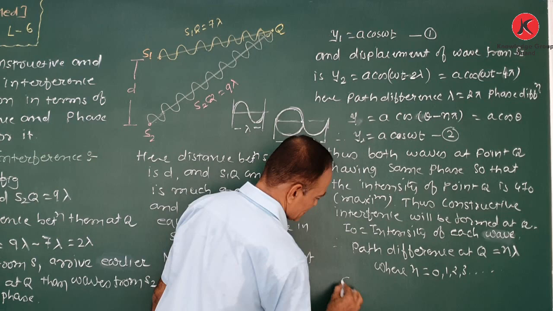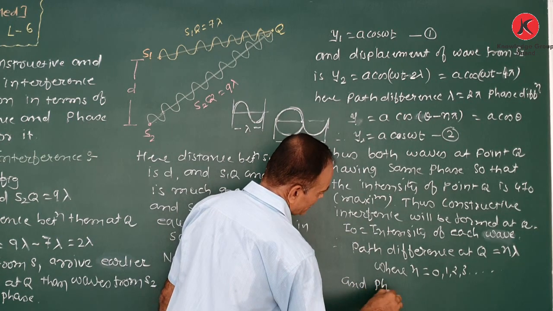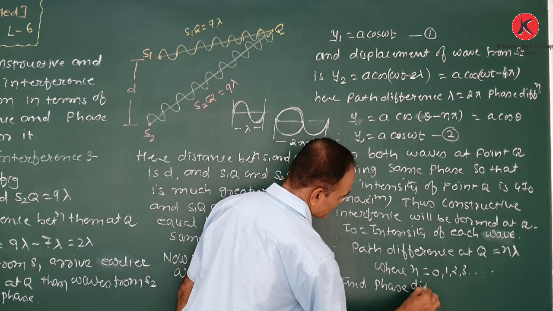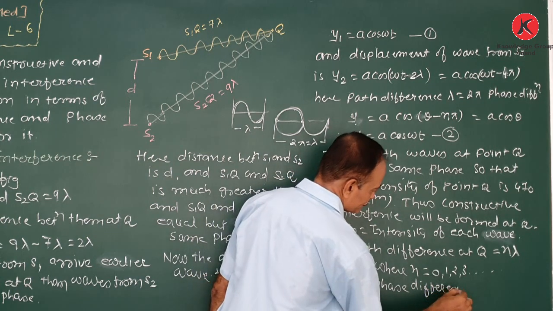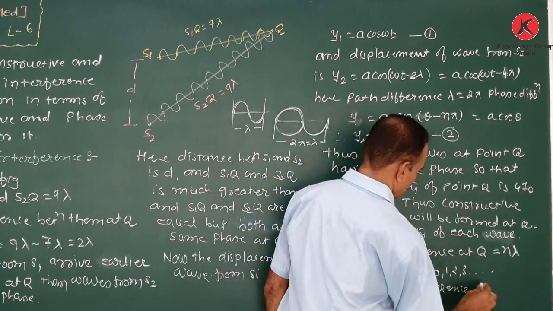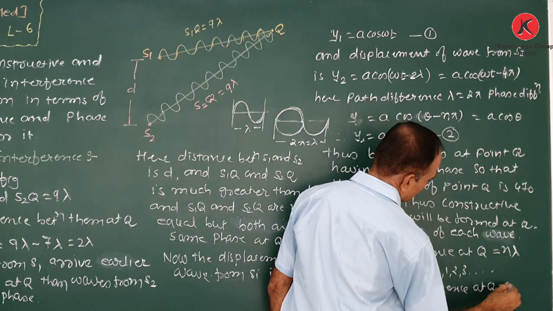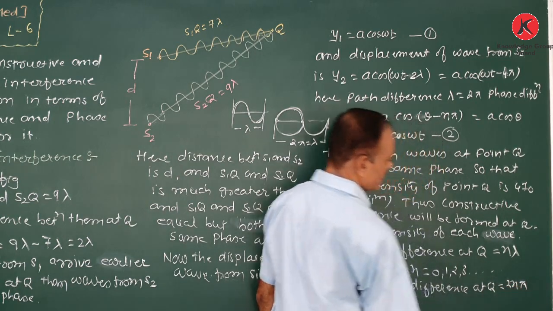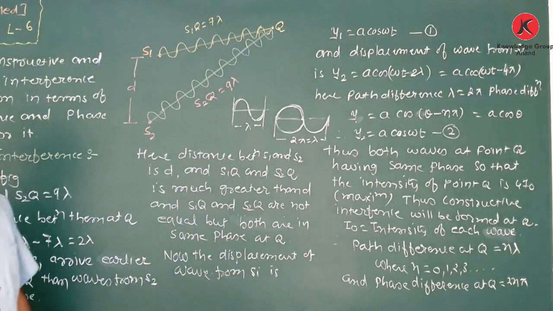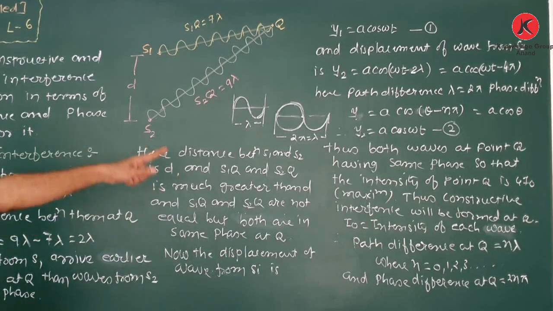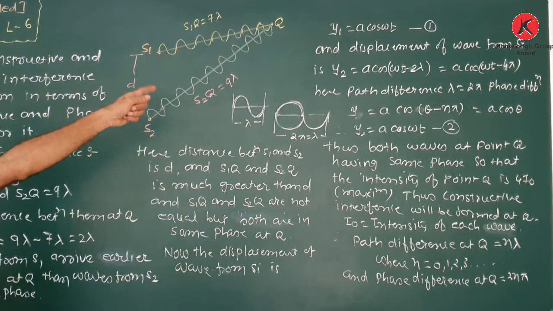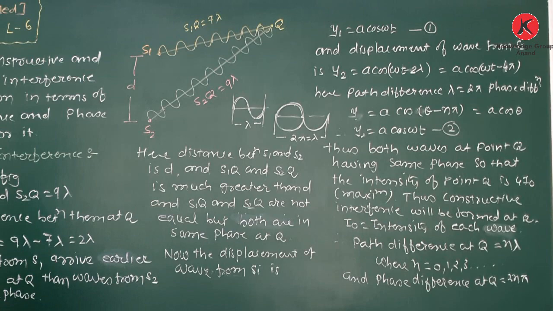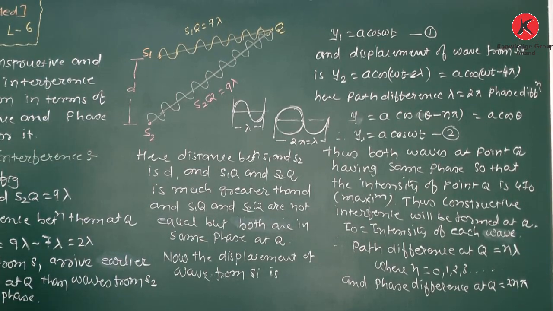And the phase difference at Q is equal to 2n pi. So this is the condition at Q for which constructive interference takes place and the intensity becomes maximum.